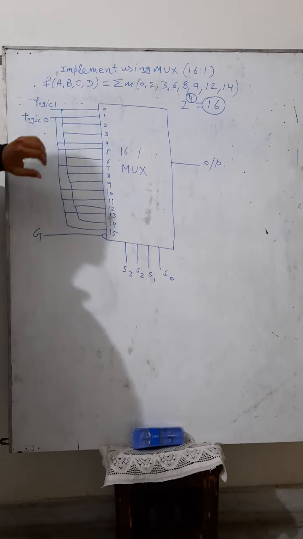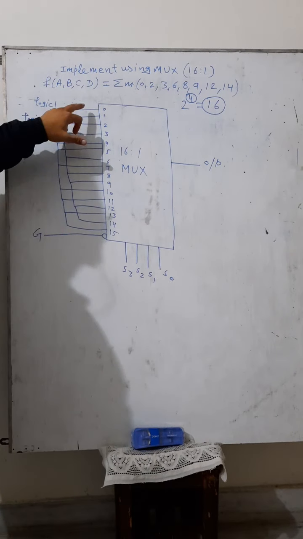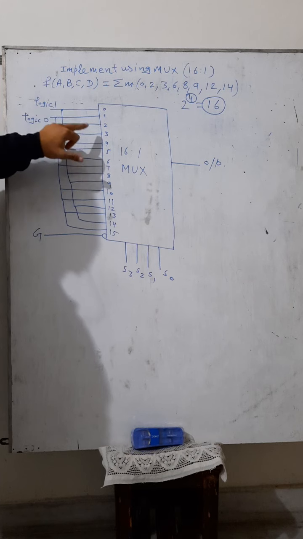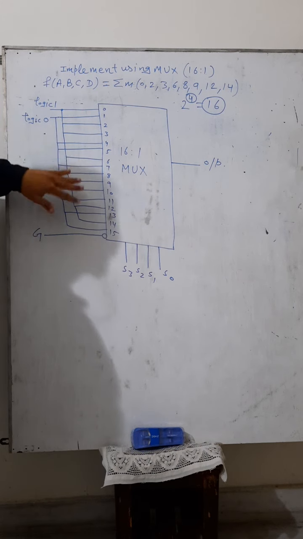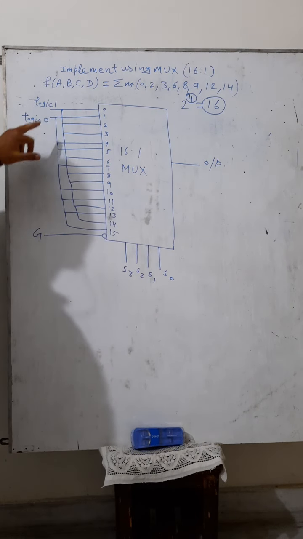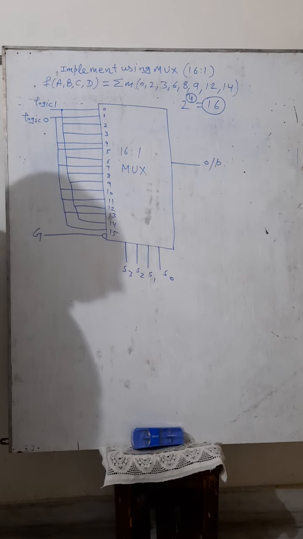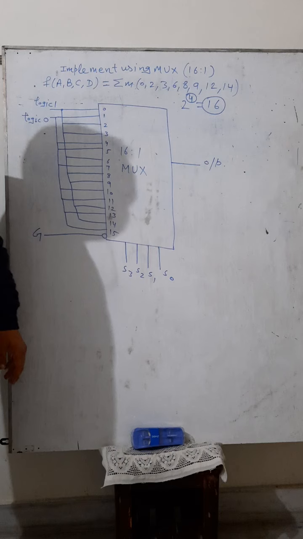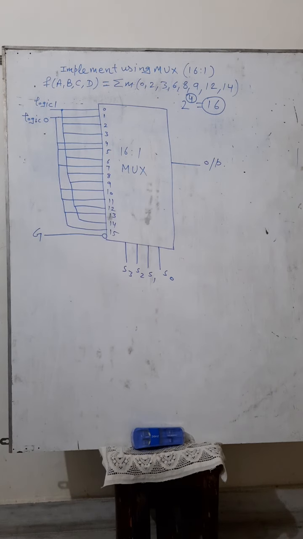Just connect all these given minterms straight to logic 1, and the remaining minterms to logic 0. And this is a very simple implementation of a mux, right?